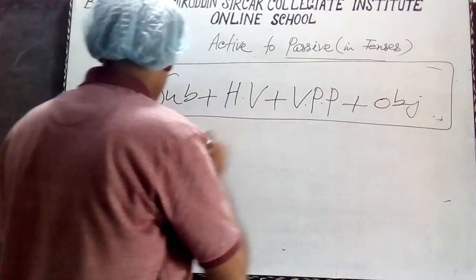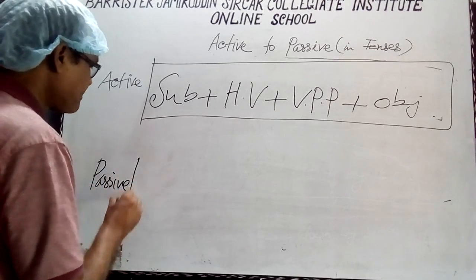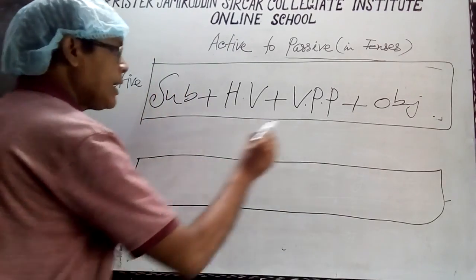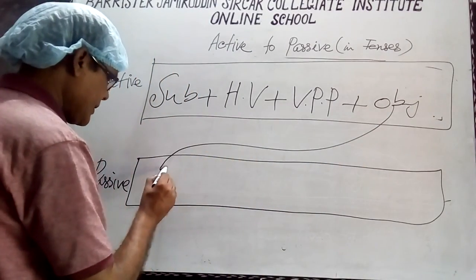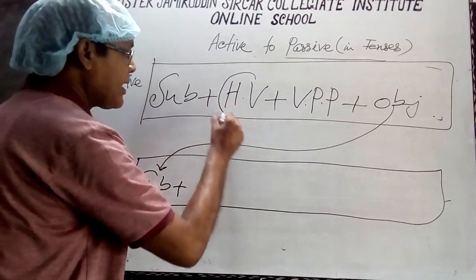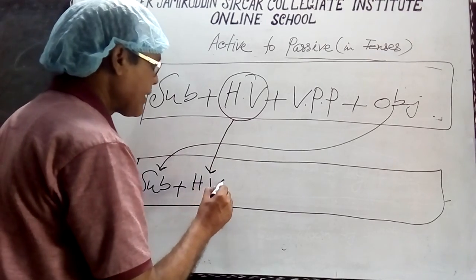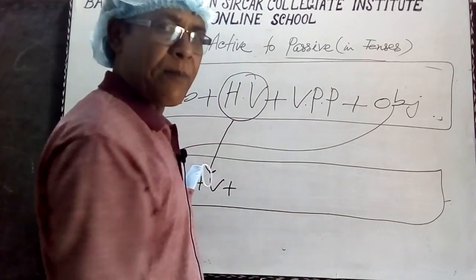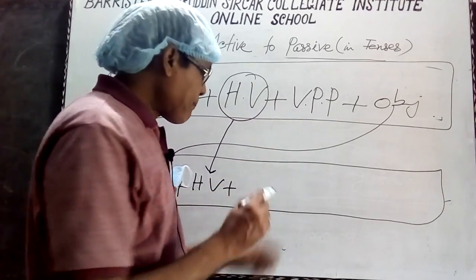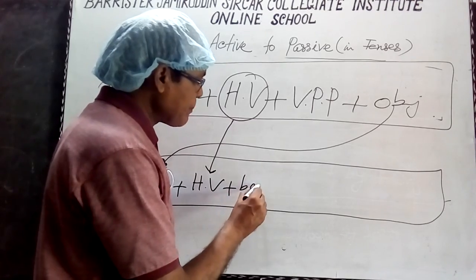So the passive structure is: object will be the subject, the auxiliary verb will be the same here, and as the verb is in the past participle form, after the helping verb we must put been.